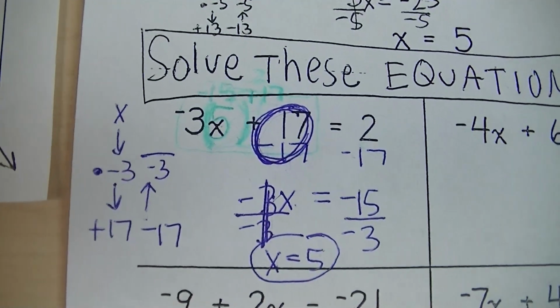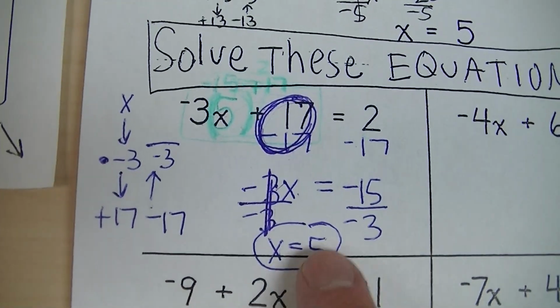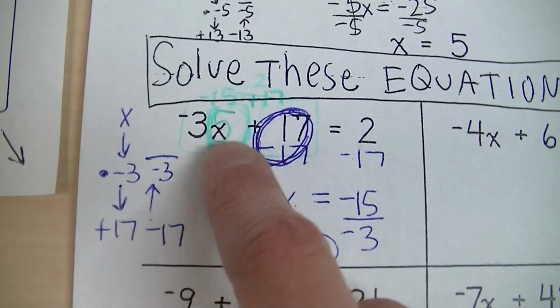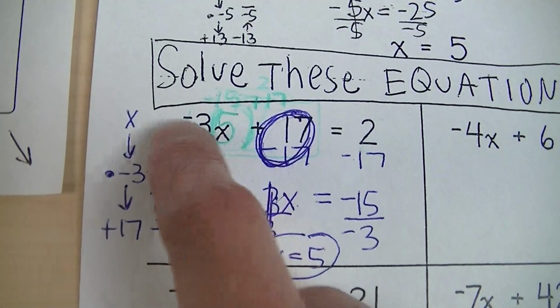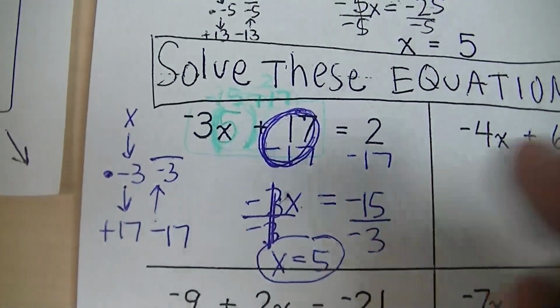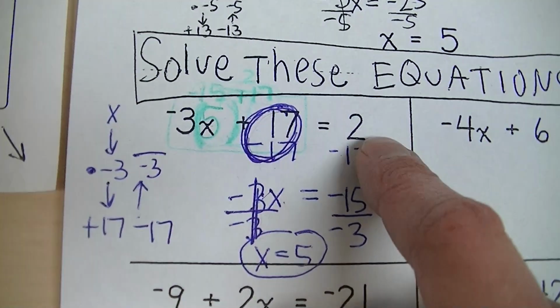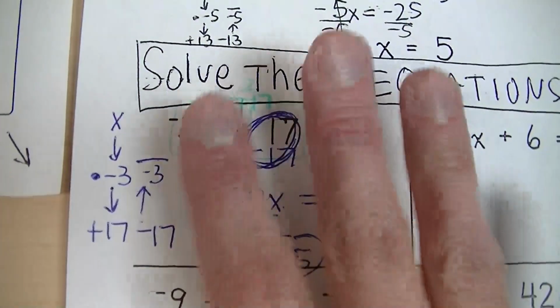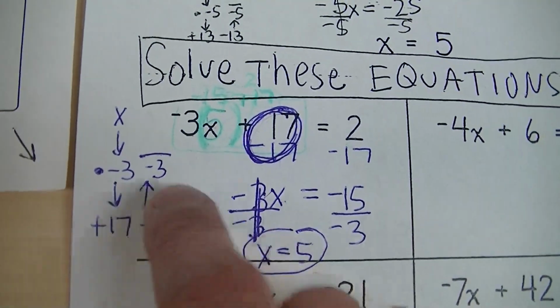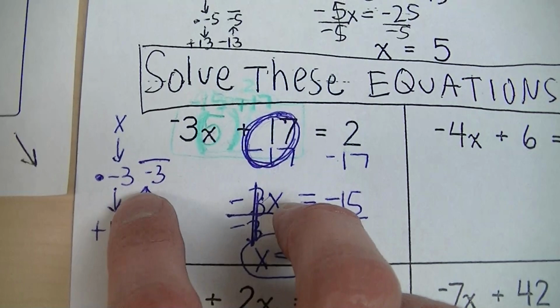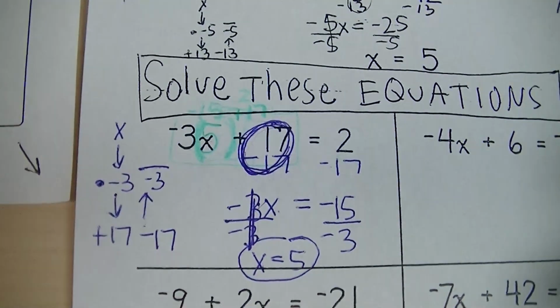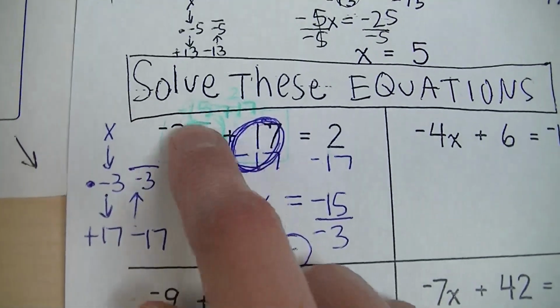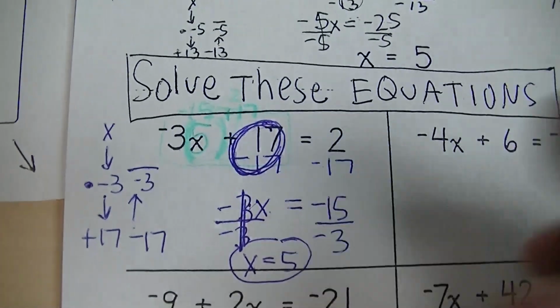An example of what it would look like if it was wrong, let's say I substituted this 5 in here, and when I substituted it in, this side equaled 28 or something like that. If this side equaled 28 and this side equaled 2, I know that there's something that I messed up on. Either my answer is incorrect or I must have done some incorrect operations in here. Because the definition of an equation basically is both sides of the equal sign would be true.